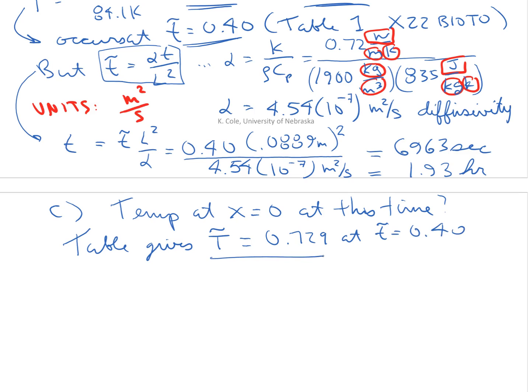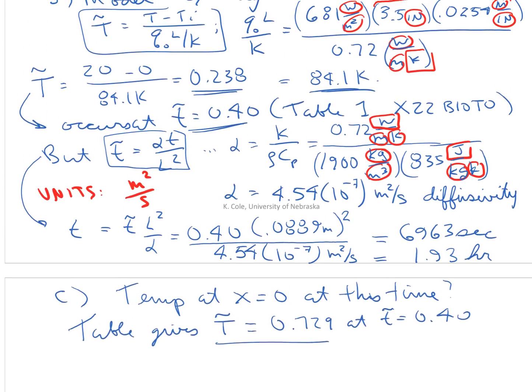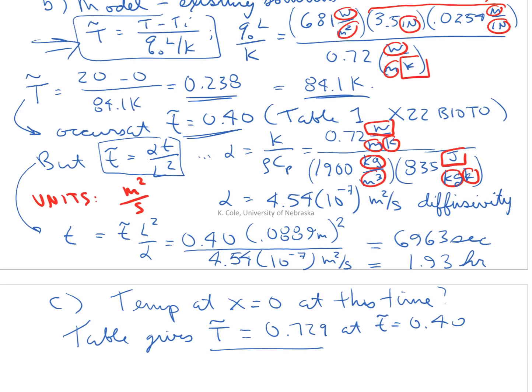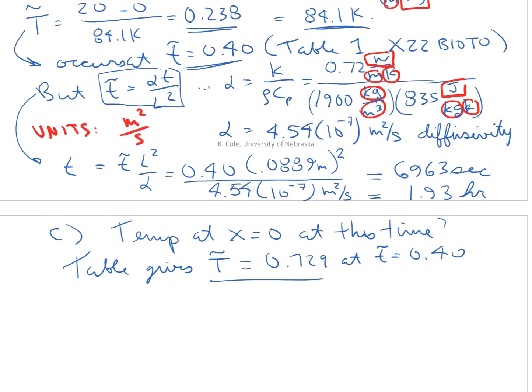That isn't very helpful. We need to convert that. Well, the dimensionless temperature definition is up here. So we're going to unpack that and recast it in terms of T in units. T in units is going to be T initial plus T tilde times this grouping, q naught L over k.